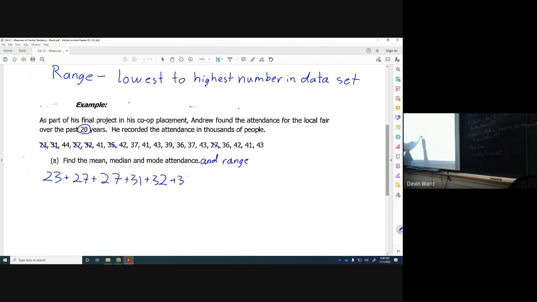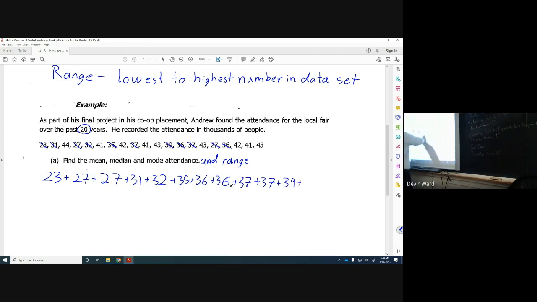36. Twice. 37. There's 2 36s, isn't there? Oh, yeah, there is. Thank you. So another 36 and 37. And I think we have at least two. No 38, but we do have 39.